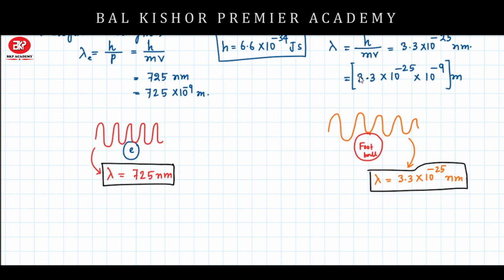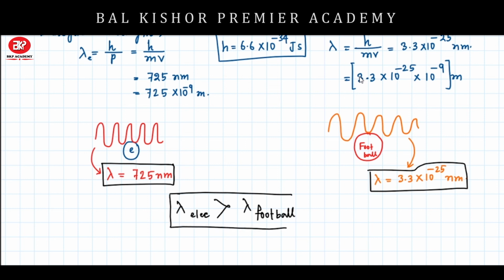That's why we cannot detect the wave nature of the football, because the lambda associated with the electron is very much greater than the lambda associated with the football. This is the reason why the wave nature of every particle cannot be visualized in the real world, but they will have the wave nature according to the wave particle duality. So this is the main concept about the wave particle duality.